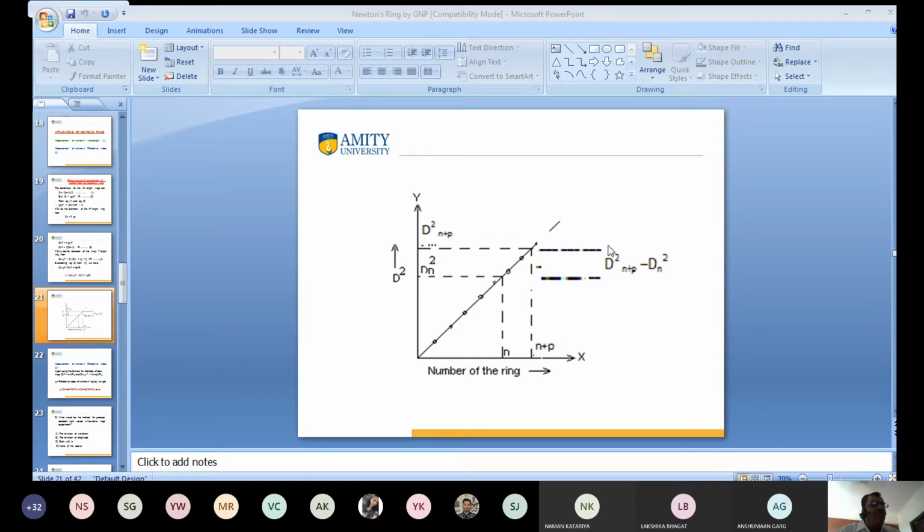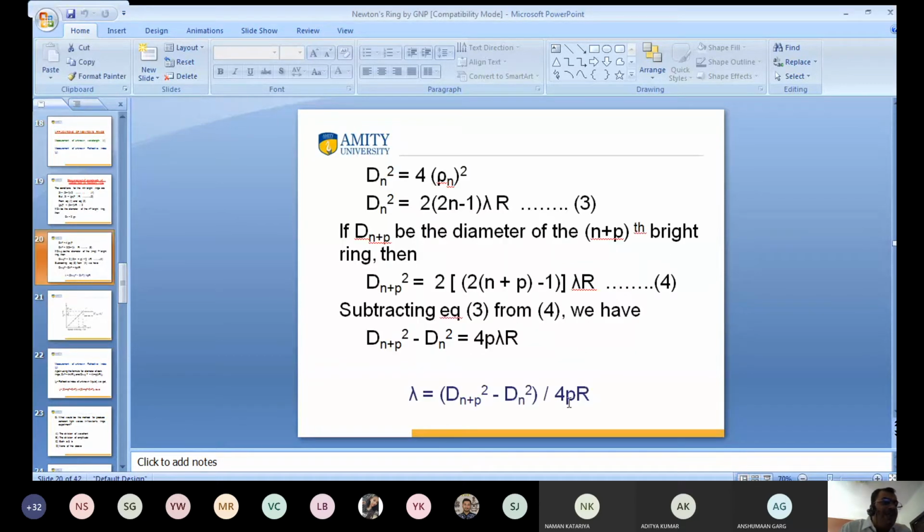So I substitute this value in the formula, where p is the number of differences: n plus 2 means p is 2, n plus 3 means p is 3, and n plus 4 means p is 4. R is the radius of curvature of the lens, which is given. Substituting here, we can easily calculate the wavelength of sodium light.